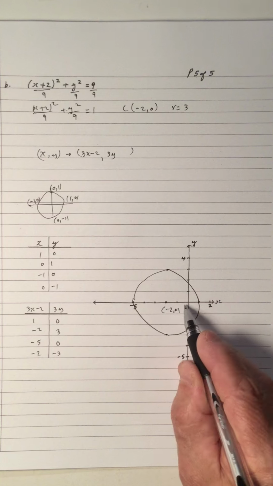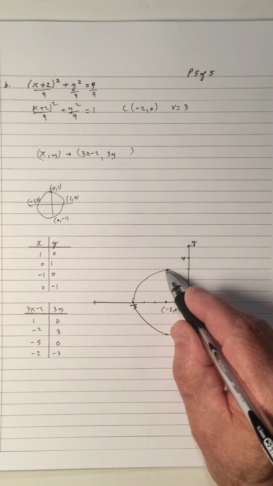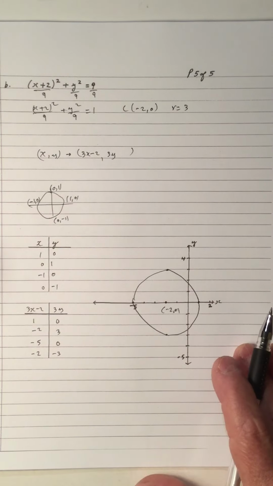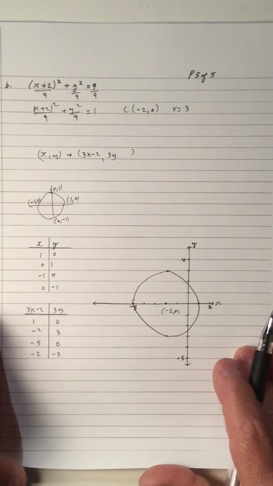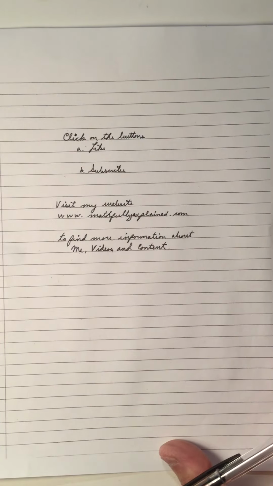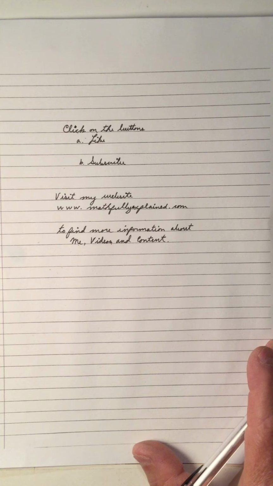Let's see. 3 to the right, 3 to the left, 3 up, 3 down. And we graphed it using the mapping rule. And that brings us to an end to changing the standard form to transformational form and graphing using the mapping rule.